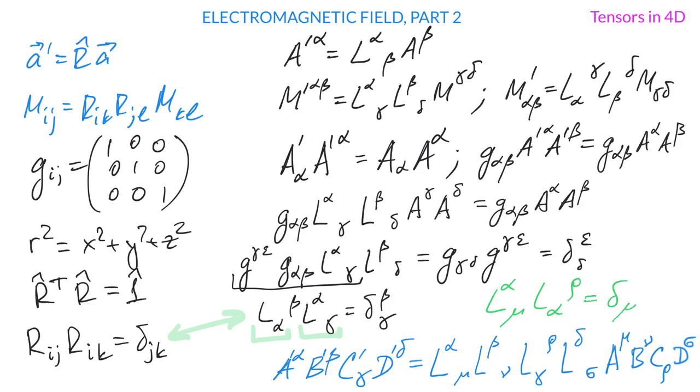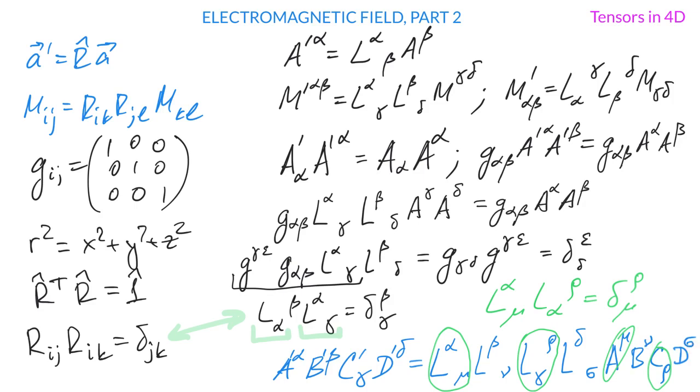So this is delta_mu^rho. So if we contract two indices, these two matrices will turn into a delta symbol, and it will generate a contraction on the right of A with C. So what remains is the direct product of B and D vectors that transforms as a second rank tensor does: we have a product of two L matrices acting on B^nu and D_sigma.